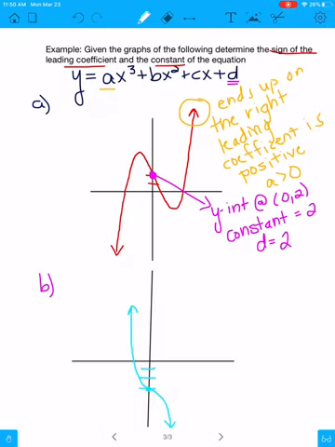Okay, so the sign of the leading coefficient and the constant. Well, I know I have a y-intercept at 0 and -3, which means that my d value, my constant, is -3.